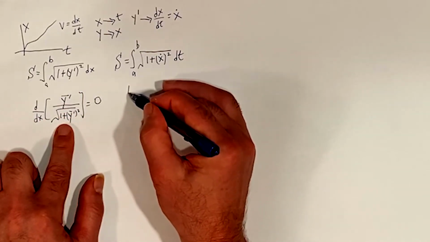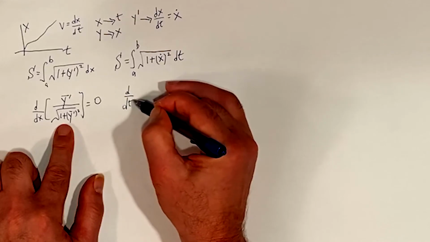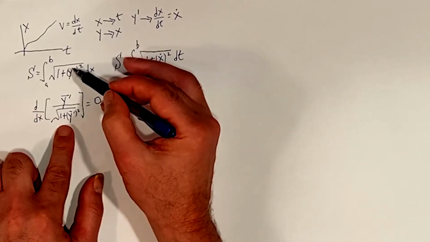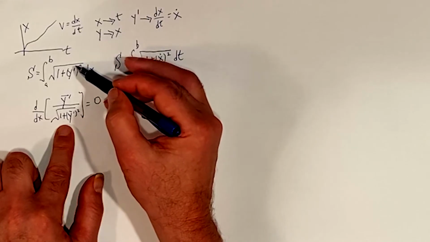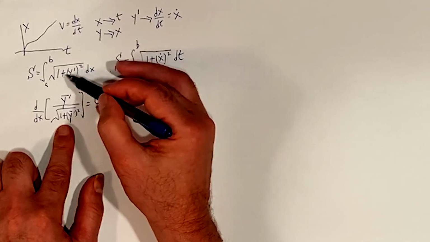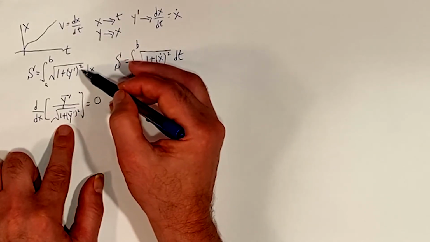Then this here is a d/dt. But notice that what's inside here is the derivative of this with respect to y prime. That would take 1 over the square root thing, and then the derivative of the inside is 2y prime.